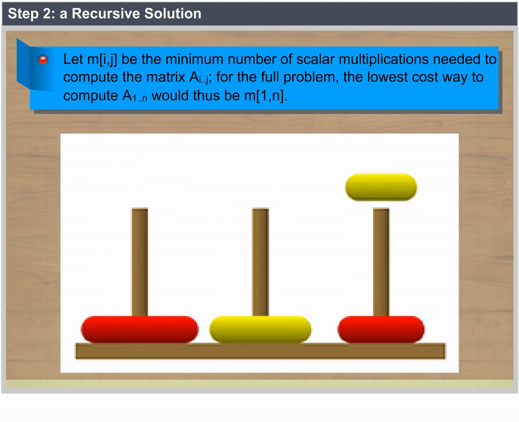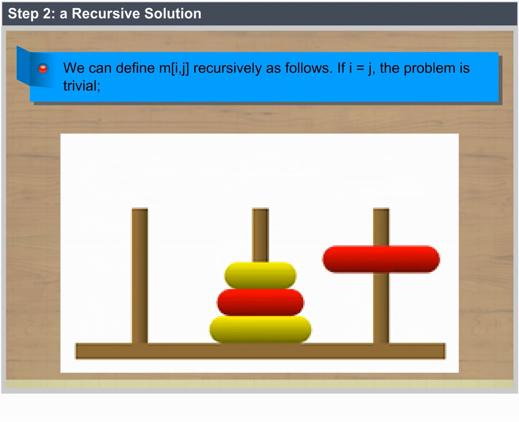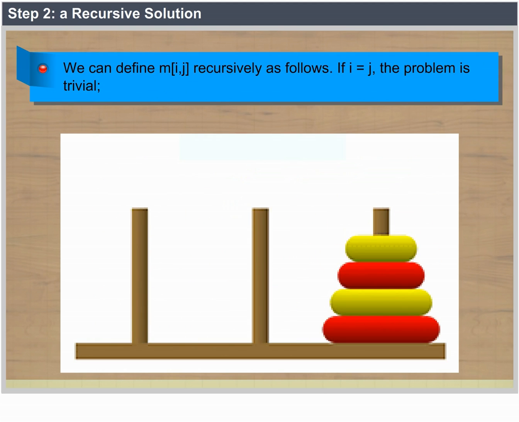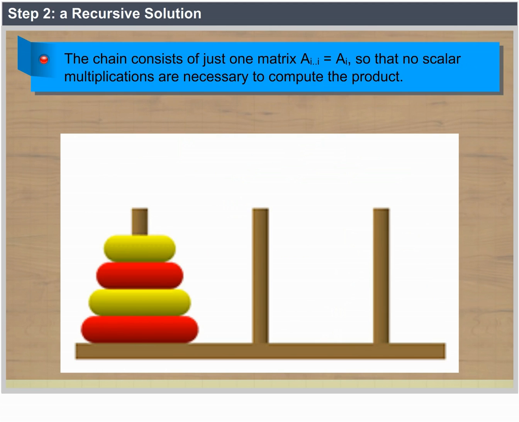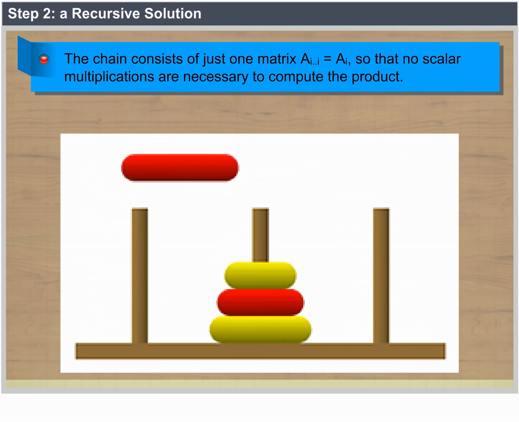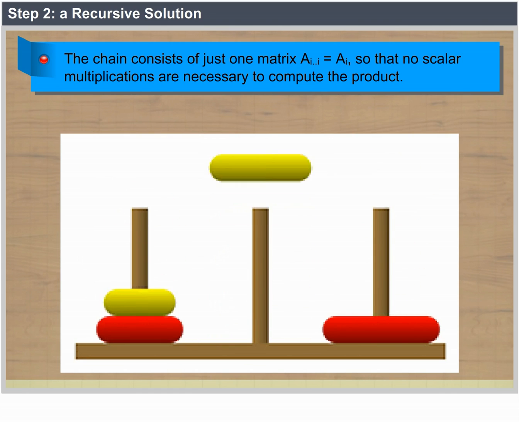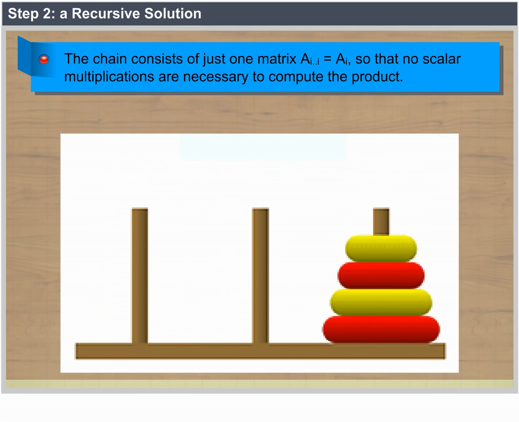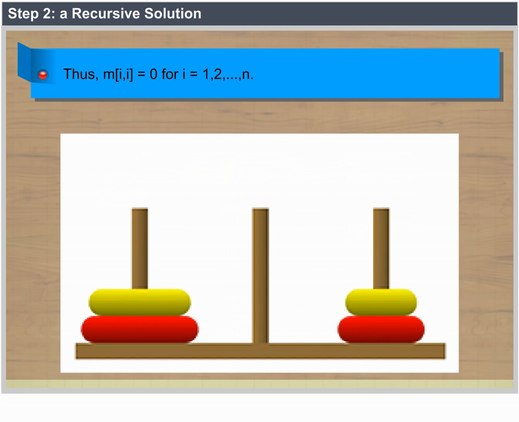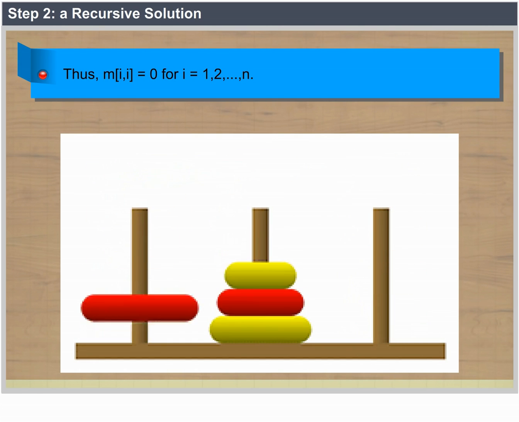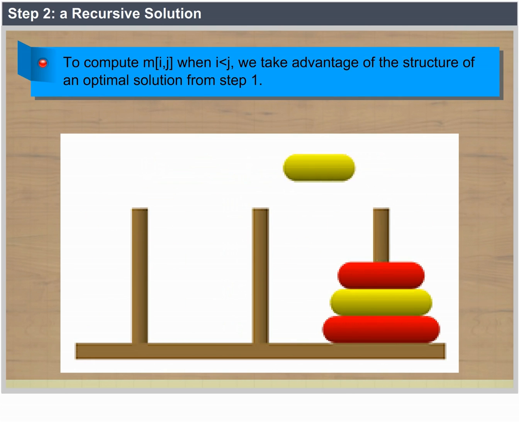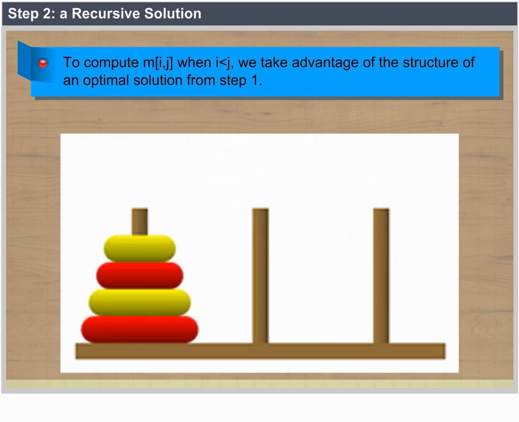We can define m[i,j] recursively as follows. If i equals j, the problem is trivial. The chain consists of just one matrix A_{i..i} equals A_i, so that no scalar multiplications are necessary to compute the product. Thus, m[i,i] equals 0 for i equals 1, 2 up to n. To compute m[i,j] when i < j, we take advantage of the structure of an optimal solution from step 1.